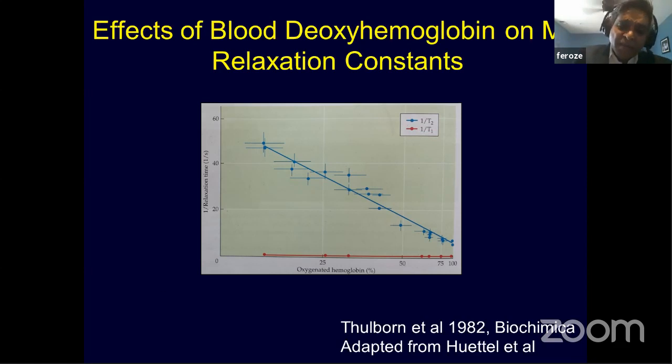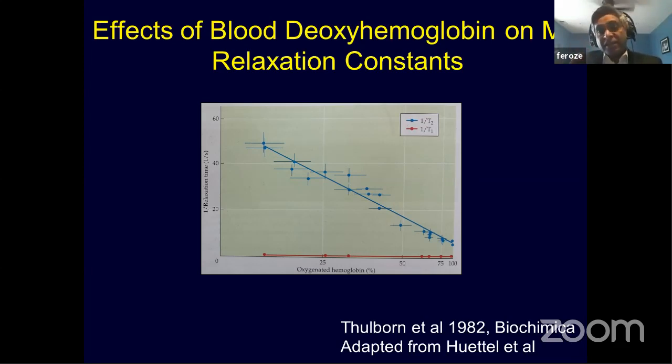It was done by Keith Thulborn, who still works in the fMRI Center at the University of Chicago. He's a biophysicist by training. He thought that maybe the concentrations of oxyhemoglobin and deoxyhemoglobin might have different relaxation properties, which we could potentially measure using NMR.